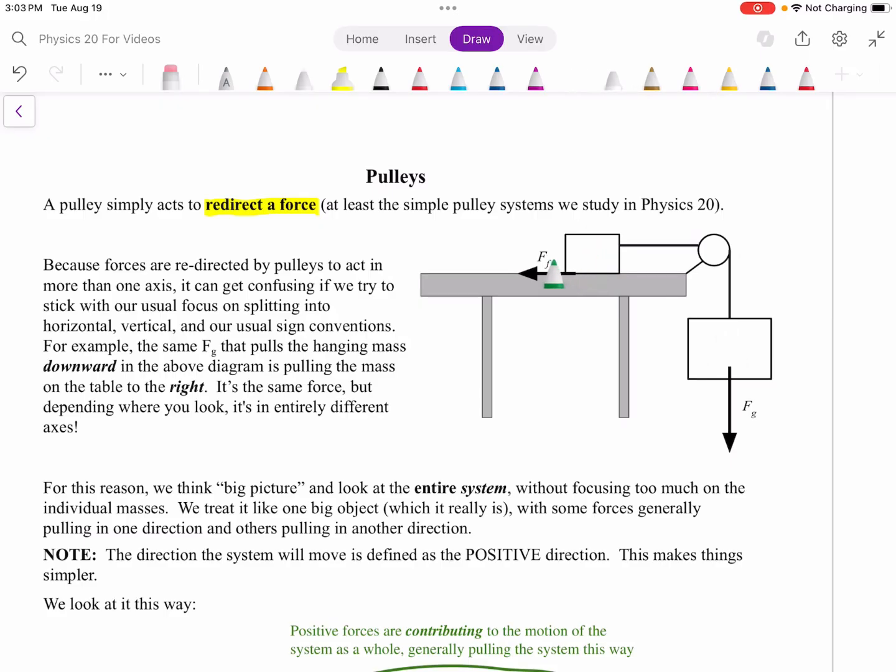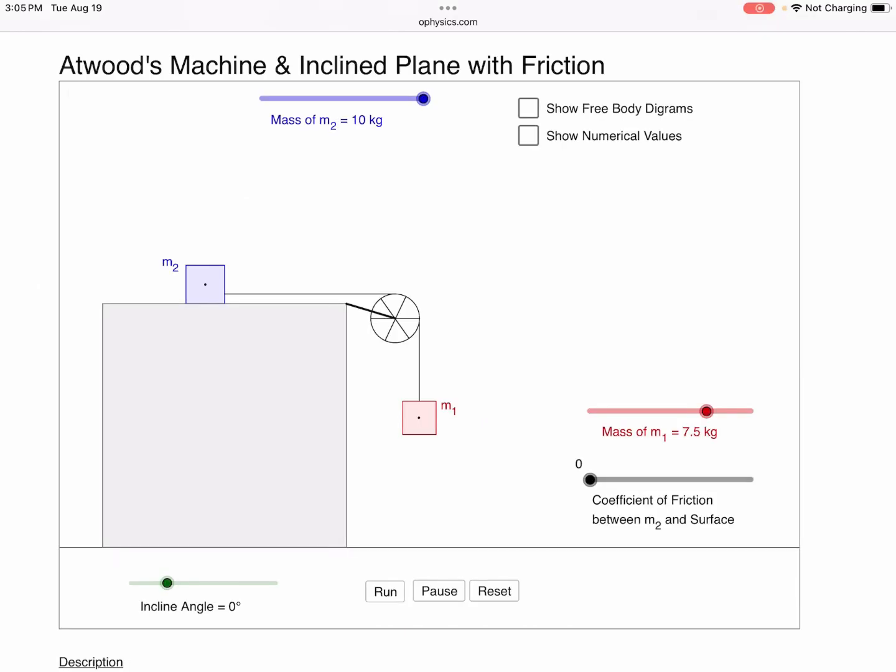And vice versa, this force of friction here is resisting motion to the left when we look over here. But if we think about it from this thing's point of view, that force of friction is going to be translated into actually an upwards pull resisting gravity. And that's all a pulley ultimately does. It takes forces acting on individual masses and redirects them so that they can act on other masses in our pulley system.